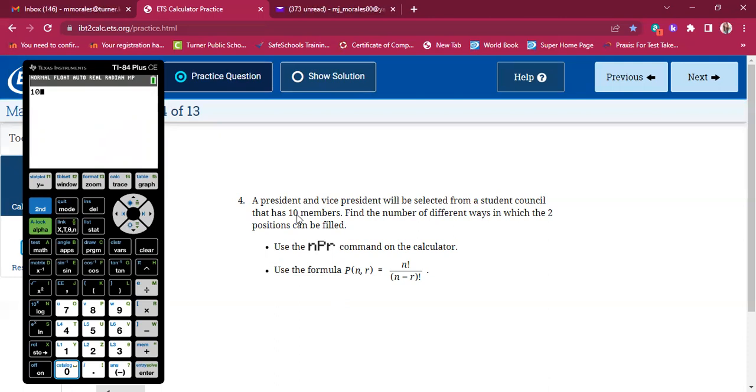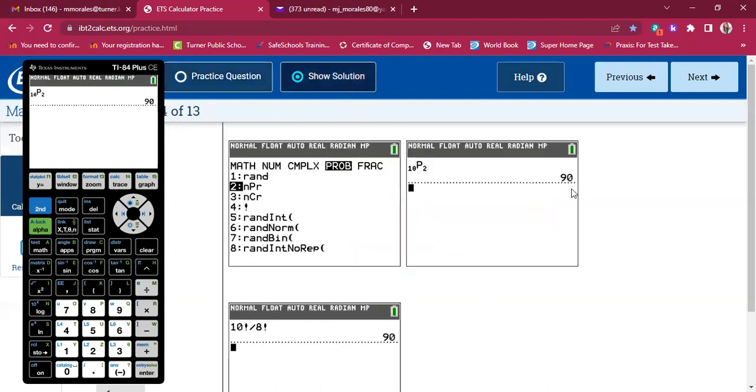So N is the total number of the student council, and then just press math and go to prob. So our right prob, you see this NPR number 2, just go down to number 2, then hit enter, and then just press 2, and then just enter that one. That's it. Okay, so let's see. Okay, the answer is 90.